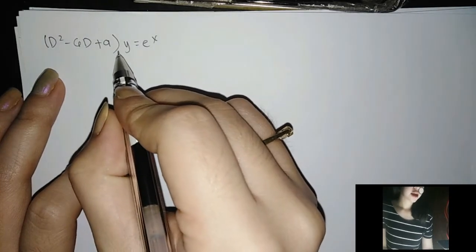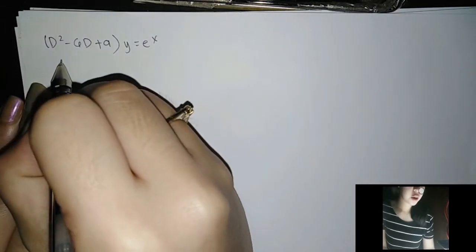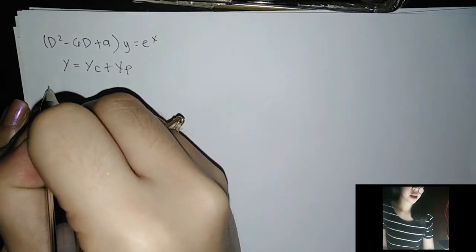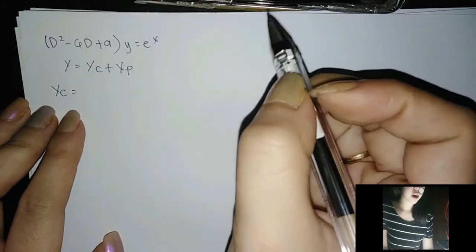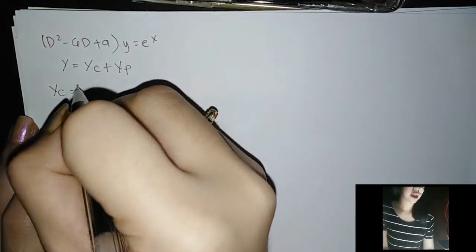So, for the first example, we have (D squared minus 6D plus 9) times the quantity of y is equal to e raised to x. So, ang formula natin gagamitin dito is yung y is equal to yc plus yp. So, first, hanapin natin yung yc niya. So, ang yc is yung auxiliary equation na to na equal to 0.